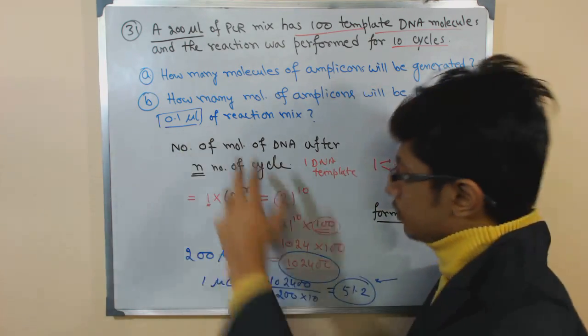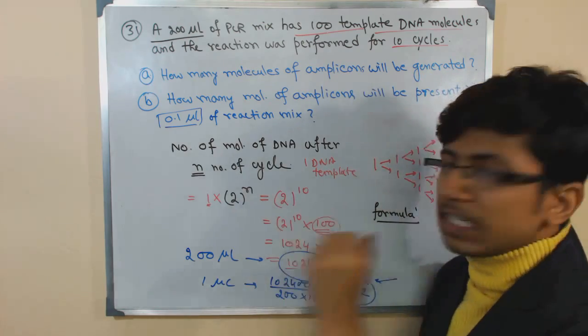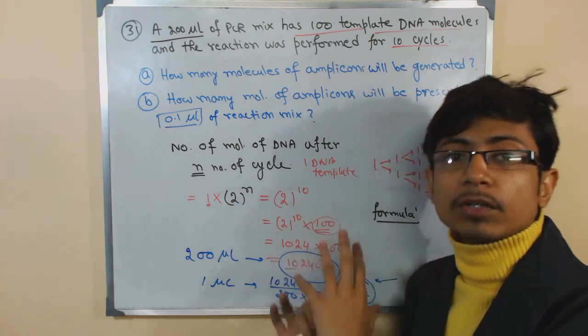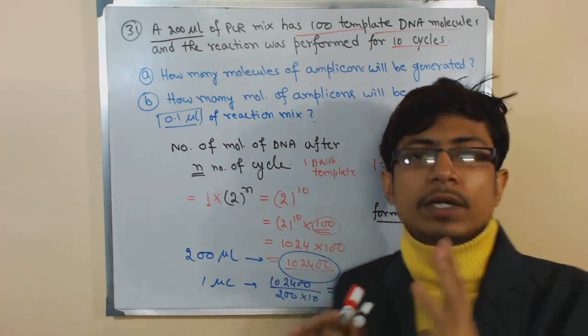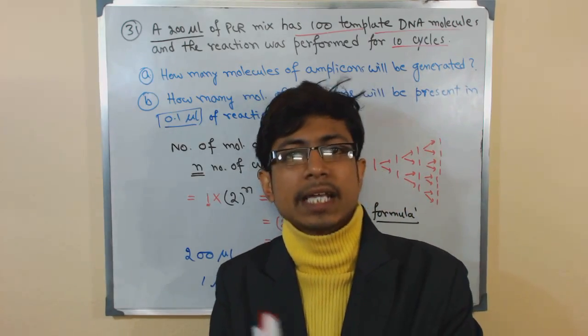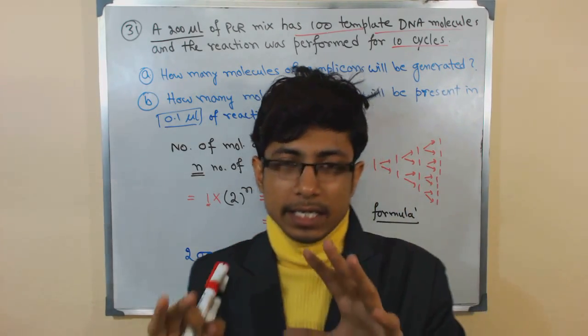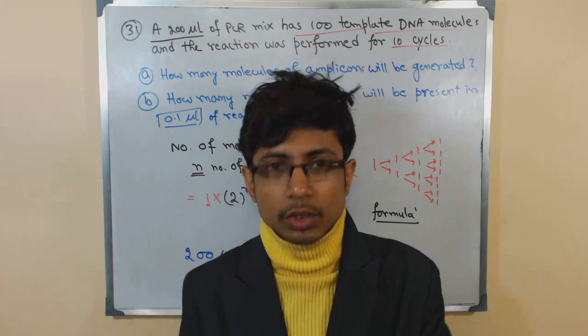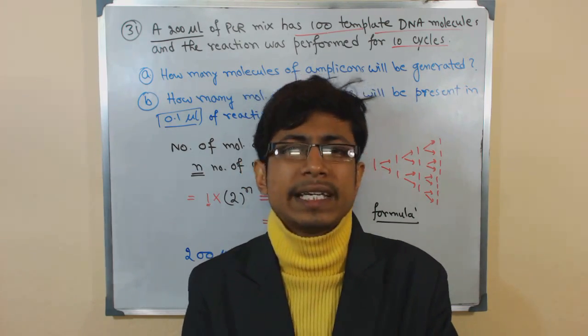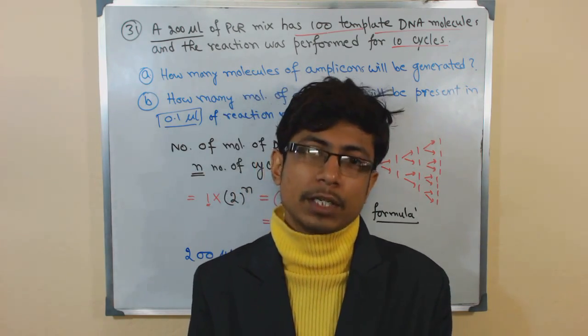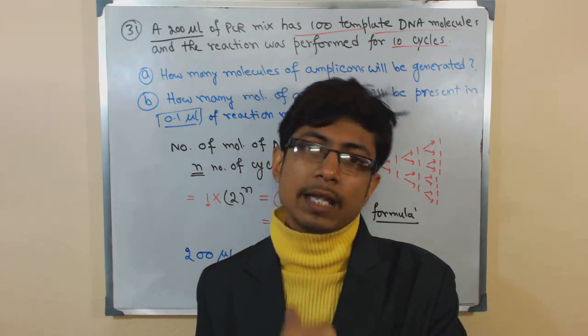To understand that, we need to calculate these things. This is one of the very important problems you should know if you're working in a molecular biology lab or any cell biology lab, because nowadays PCR is the ultimate reaction machine that is required in most fields of biological processes. So you need to know how to calculate these things.